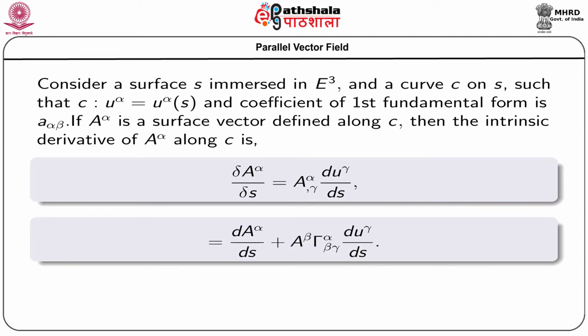Now, this expression will come to dA alpha ds plus A beta gamma alpha beta gamma du gamma ds. This is coming from the covariant differentiation of the vector A alpha.